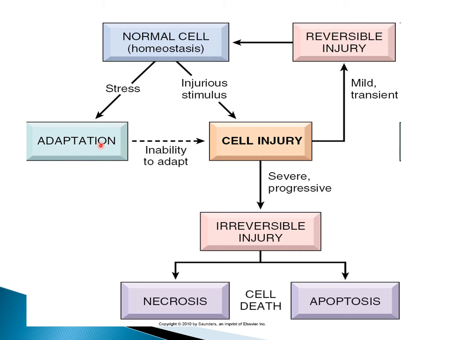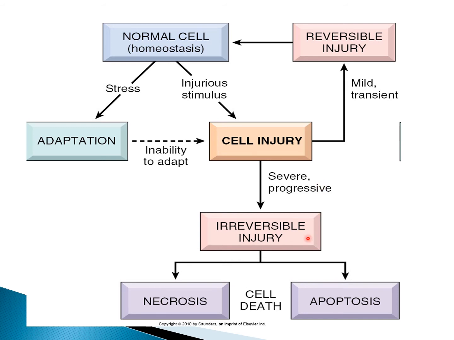However, if the adaptive capability of the cell is exceeded, or if the injurious stimulus is severe, the cell will go into cell injury. Now, the cell injury can be subdivided into two types. Reversible injury, in which if the injurious stimulus is relieved or removed, the cell will go back to normal. While if the injurious stimulus is very severe and progressive or very rapid, the cell will enter into irreversible cell injury.